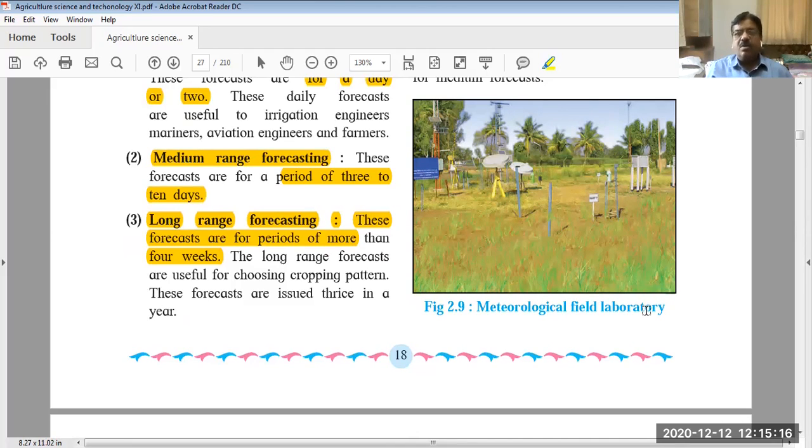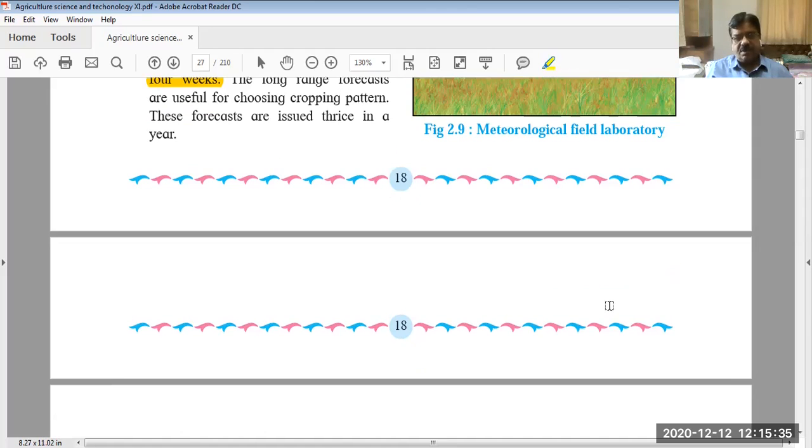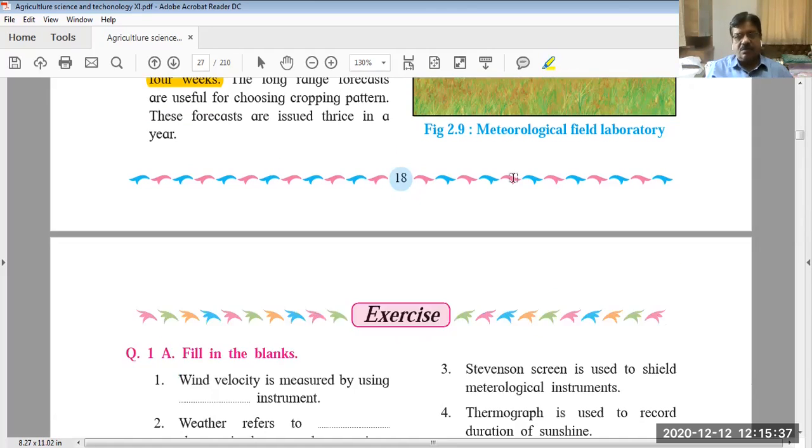Here the behavior of the atmosphere is represented by equations, and these equations are based on physical laws of air, meaning air pressure, wind direction, and many other parameters are used to calculate numerical weather prediction. So these are the important methods of forecasting.